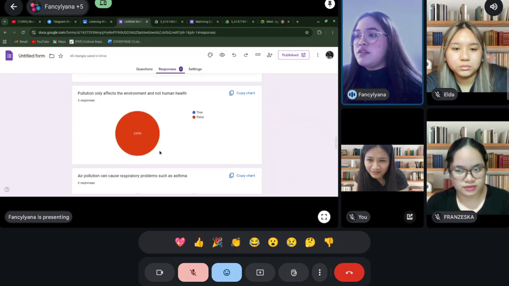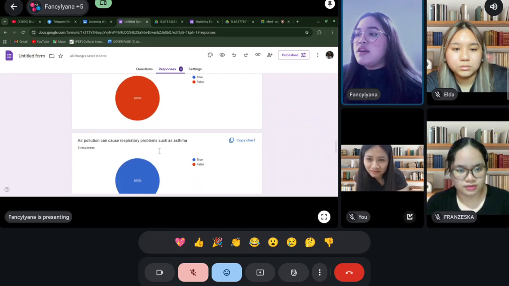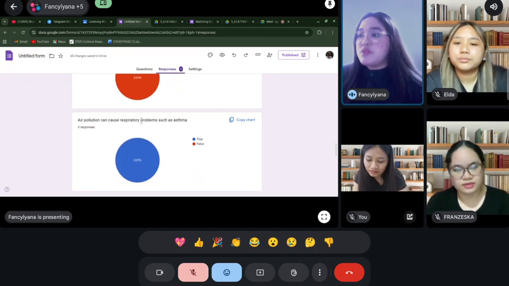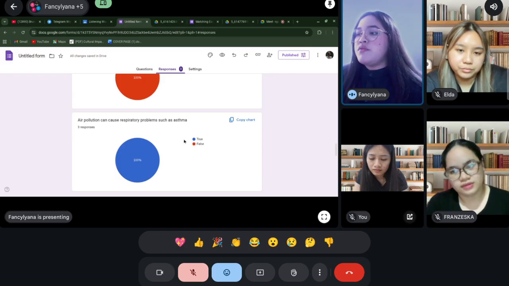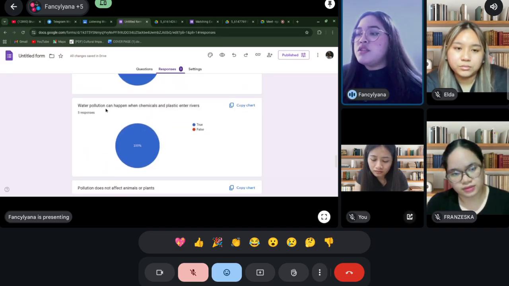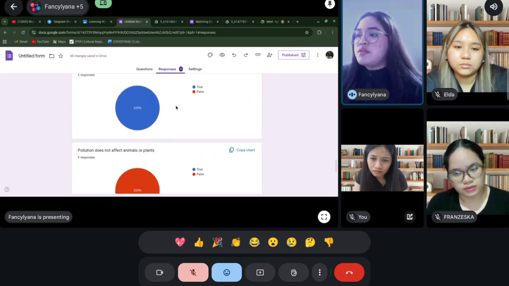That's correct. The second is, air pollution can cause respiratory problems such as asthma. All of you answer true. Okay, that's correct. Water pollution can happen when chemicals and plastic enter rivers. All of you answer true. That is correct.